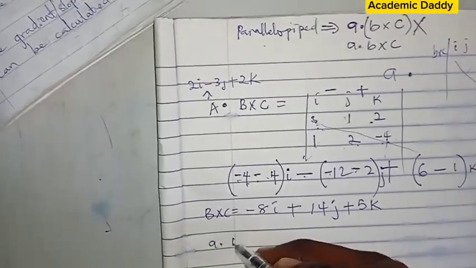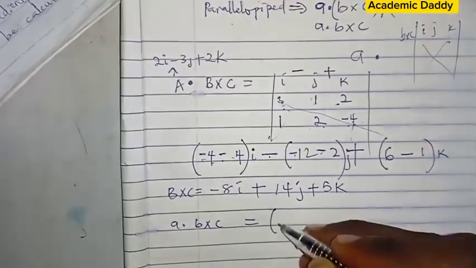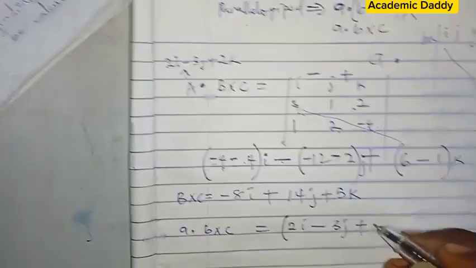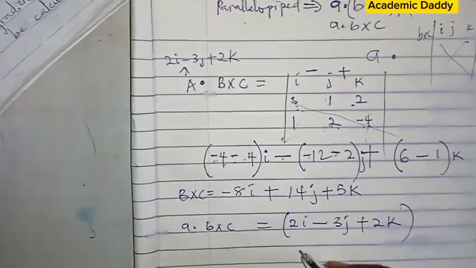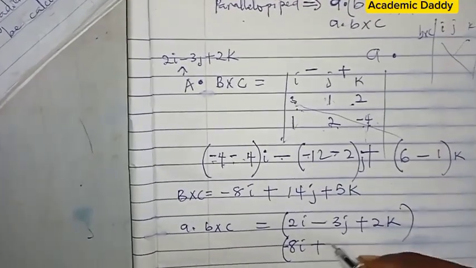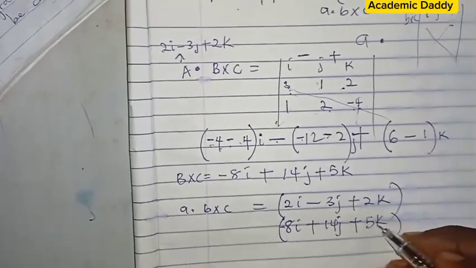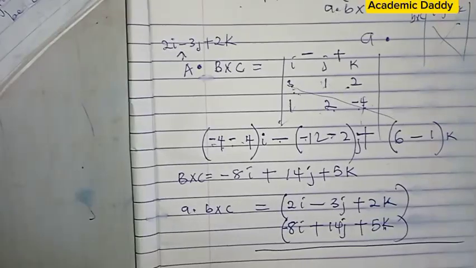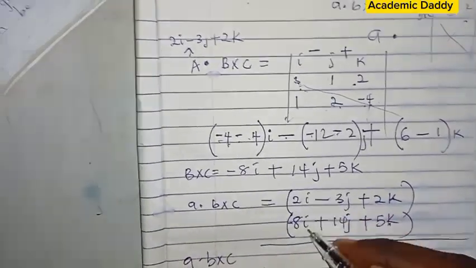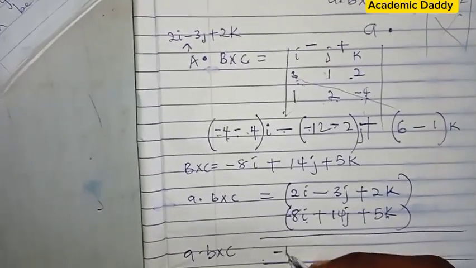So now A dot B cross C is going to be the same thing as saying put our 2I minus 3J plus 2K side to side with what we have here, minus 8I plus 14J plus 5K. We know that dot product I dot I is going to be 1. So A dot B cross C gives us 2 times minus 8, so minus 16.